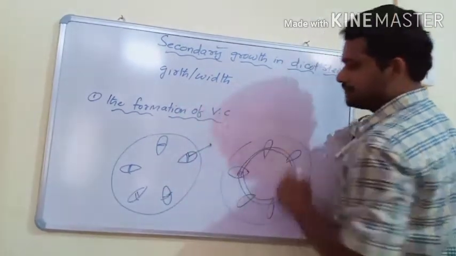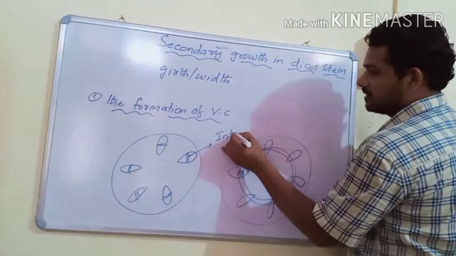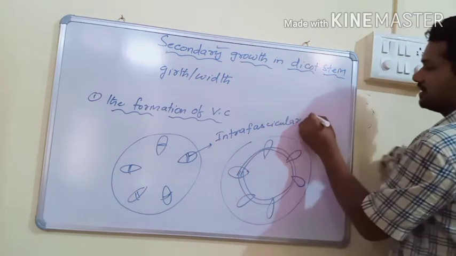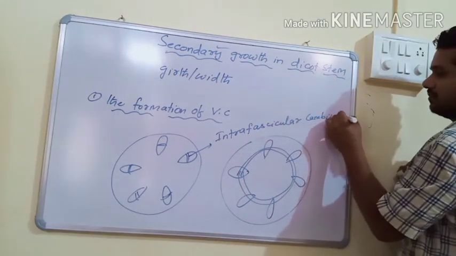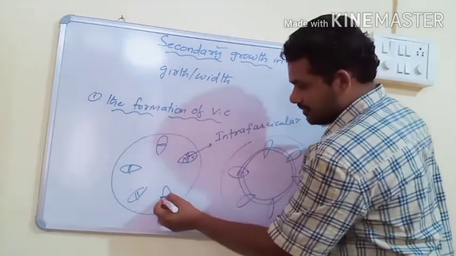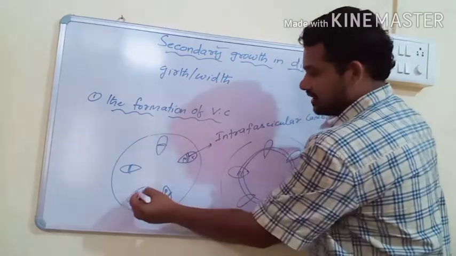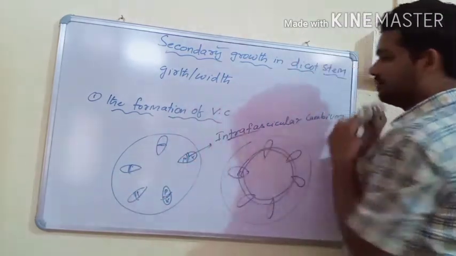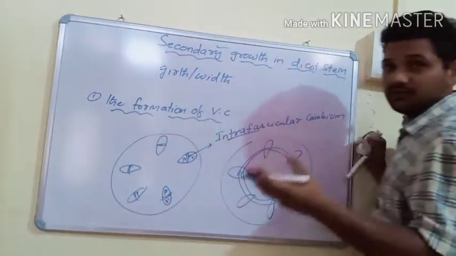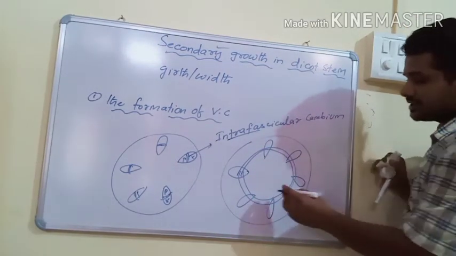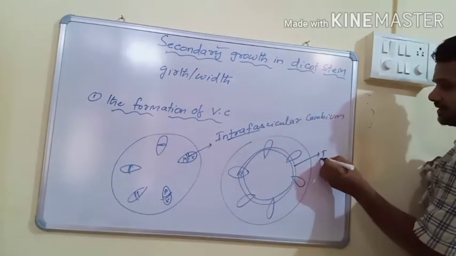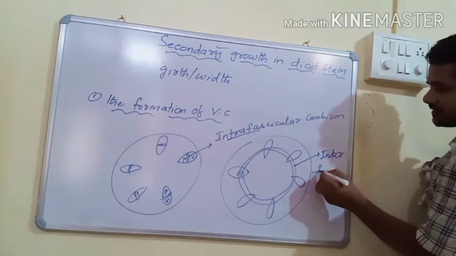Between xylem and phloem there is a cambium. This cambium is known as intrafascicular cambium: the cambium present between xylem and phloem. Between adjacent vascular bundles, as I told you, there are medullary rays, and these medullary rays produce another cambium, known as interfascicular cambium.